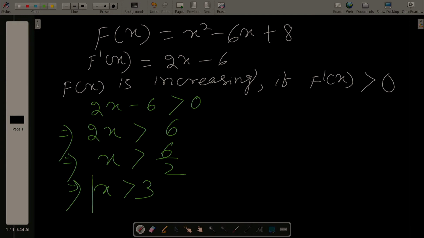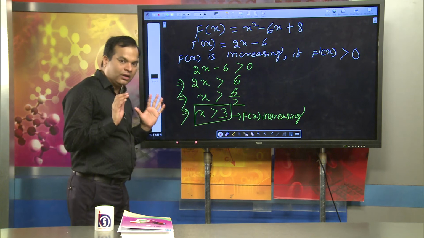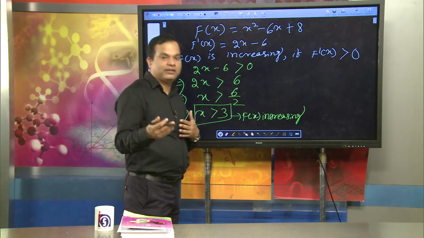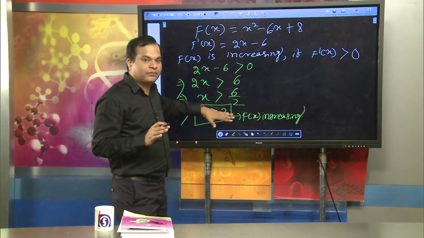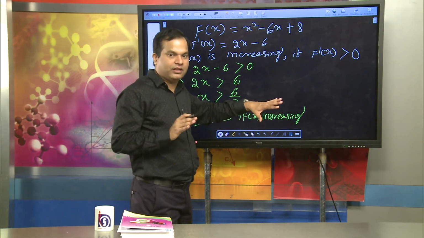So for the value x greater than 3, the function is increasing. f of x is increasing for x greater than 3. Remember, the question was for what value of x. For x greater than 3, the function is increasing in nature.